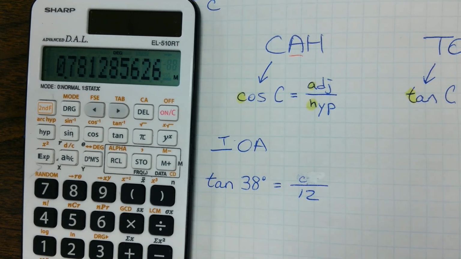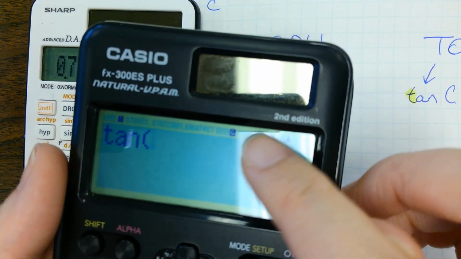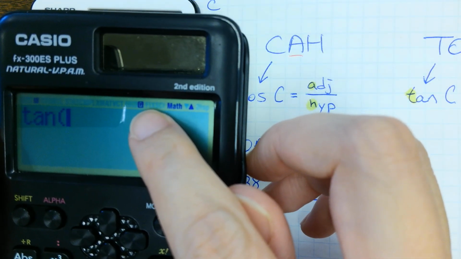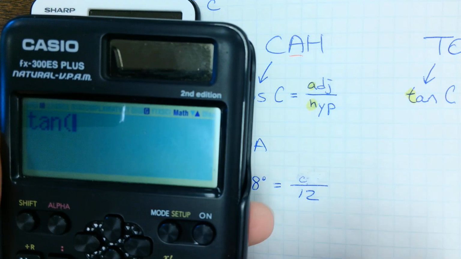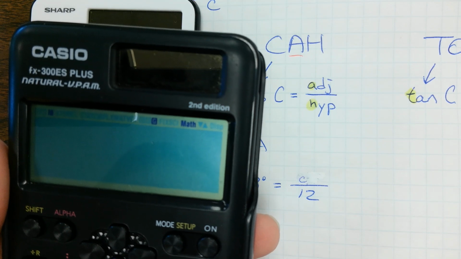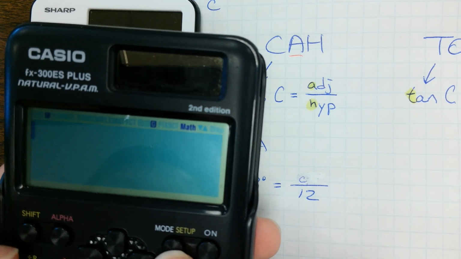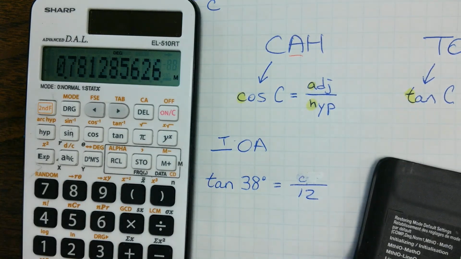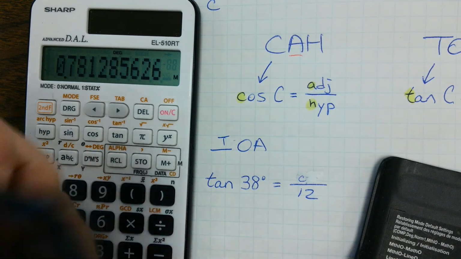For hers, there's a G, which means it's in the wrong mode as well. There's no reset button.